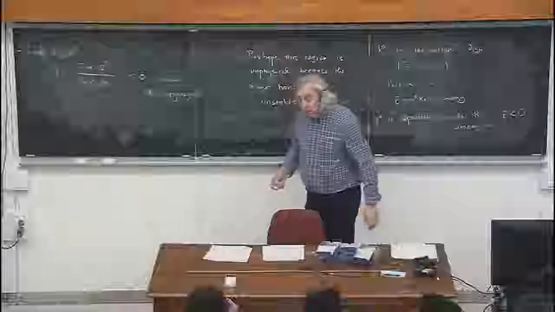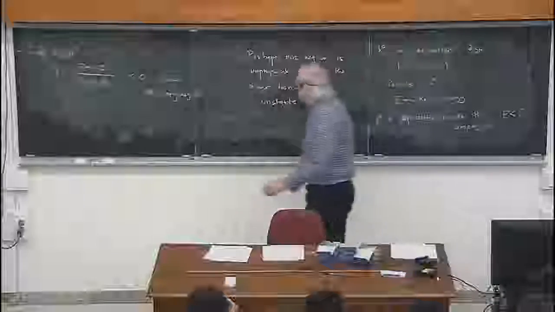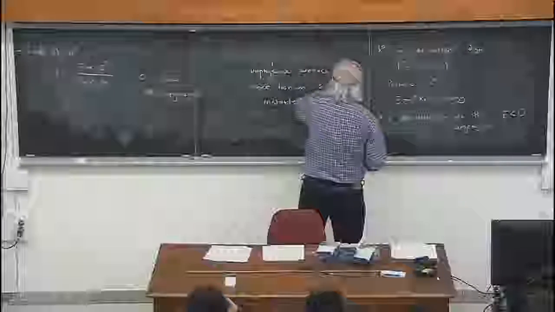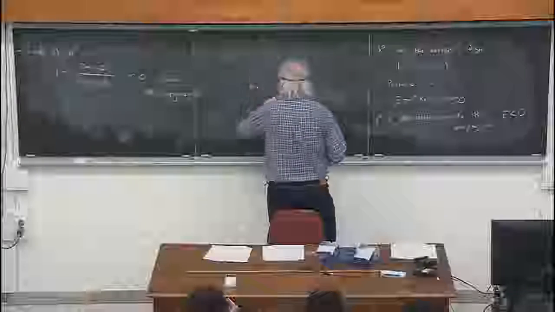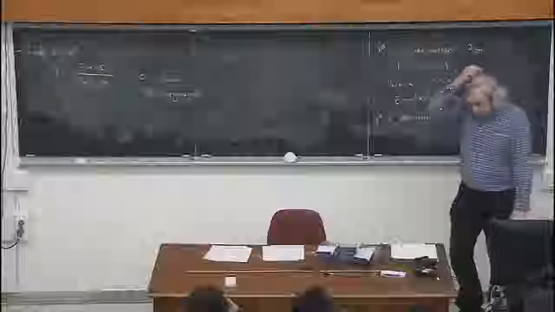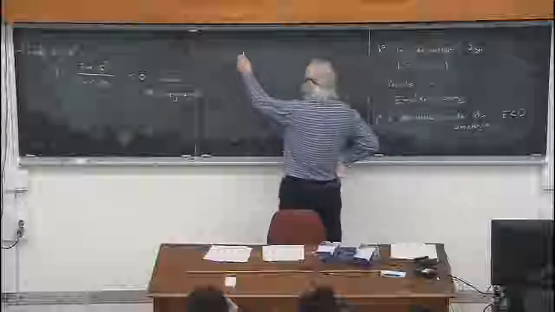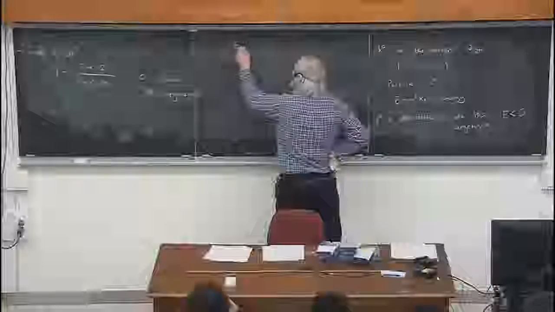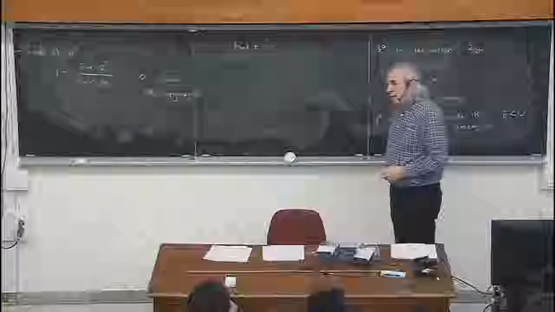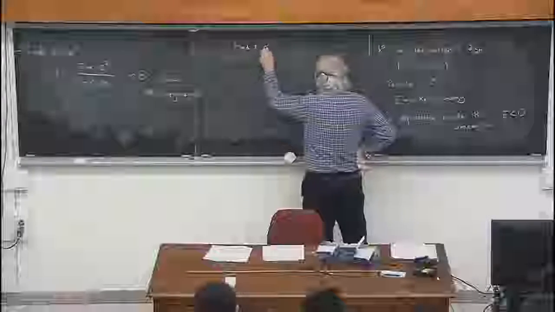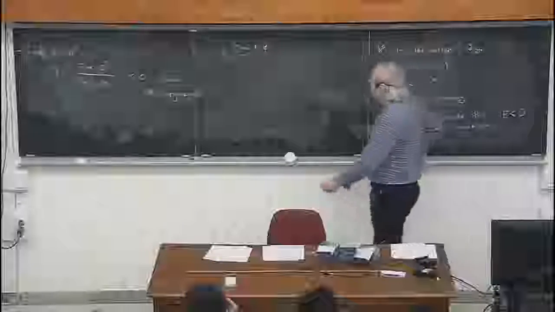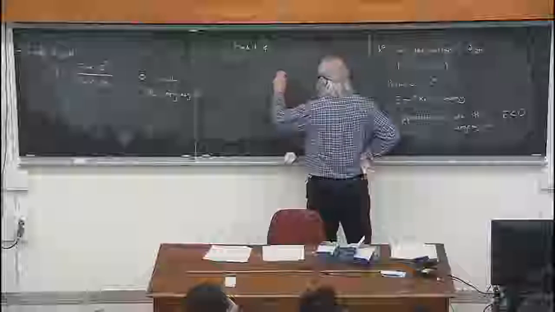Let's draw a picture of what that is. Let's suppose that we draw a picture of fixed t and phi. The thing is axisymmetric, so I can just simply take a section through the thing. And let's suppose that the horizon is here.